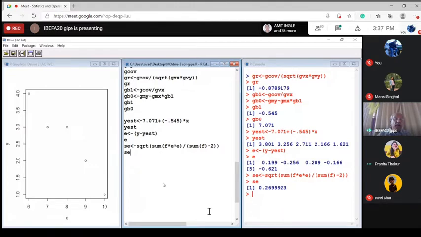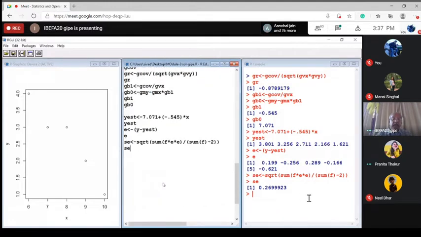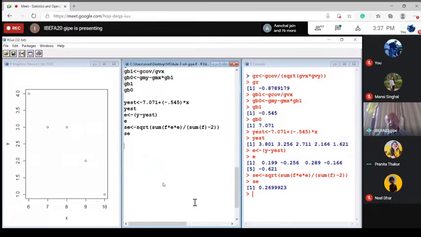Even I can plot the arithmetic mean also on the graph. AB line, vertical, that is x-axis, equal to mean of x.